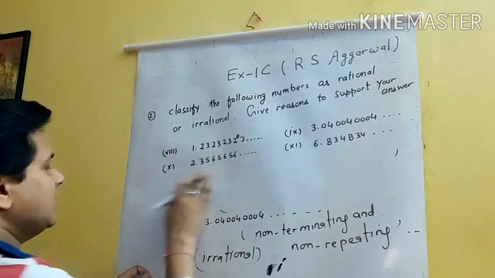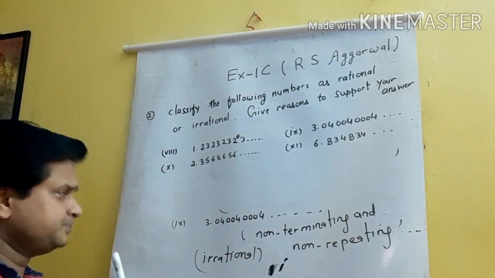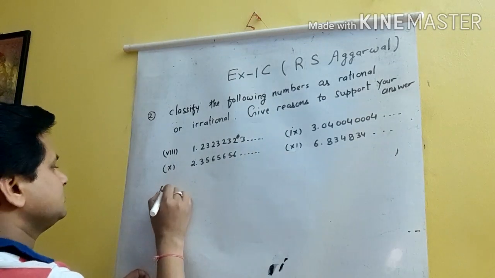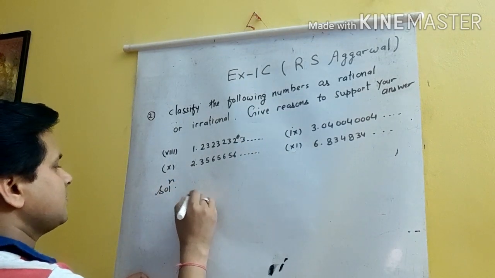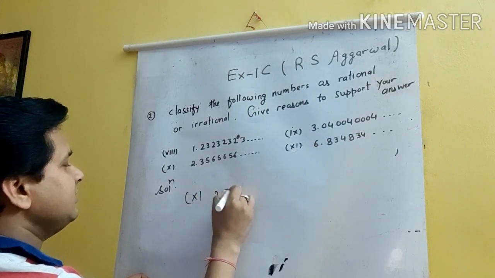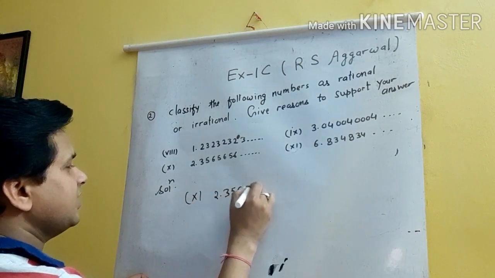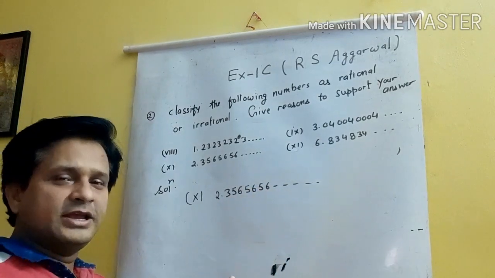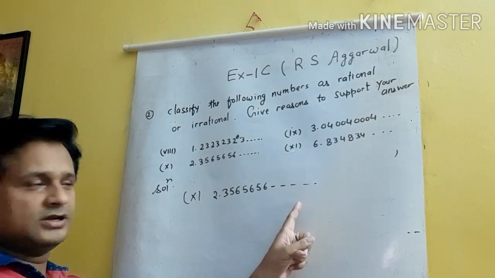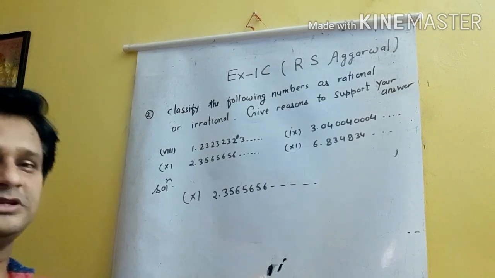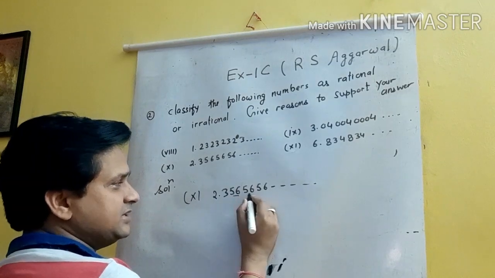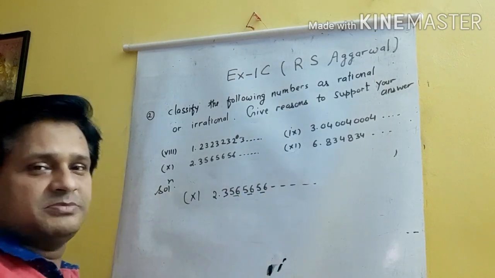Okay. Now I am solving the 10th one, 2.3565656... You can see here again the dots are there. It means that this is non-terminating. Now we have to see whether this is repeating or non-repeating. You can see here 2.3, after 3 this 5 6, 5 6 and 5 6, it is repeating.